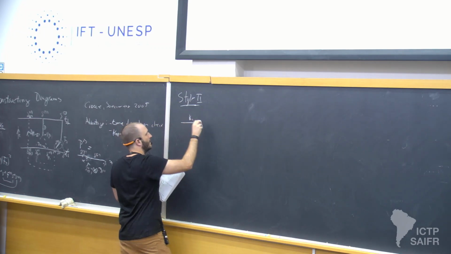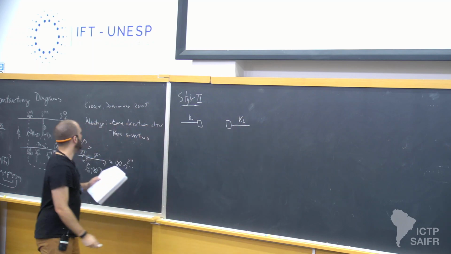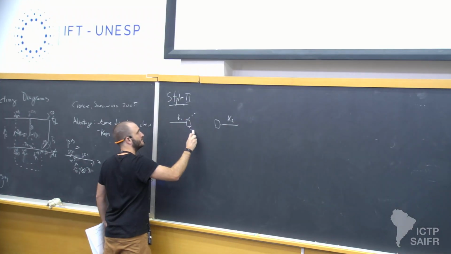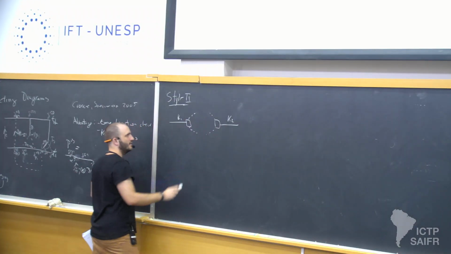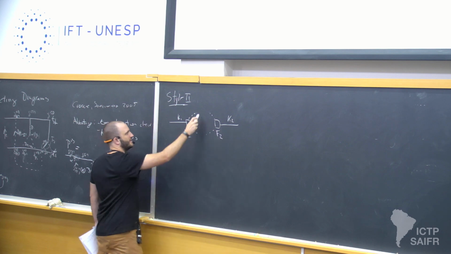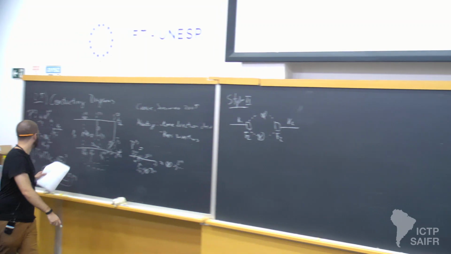So this would be K1, and this would be K2. If you write P22, you always come with two lines going out. So this would be directly the F2 kernel, and then you take the contraction here. For P22, it's similar.